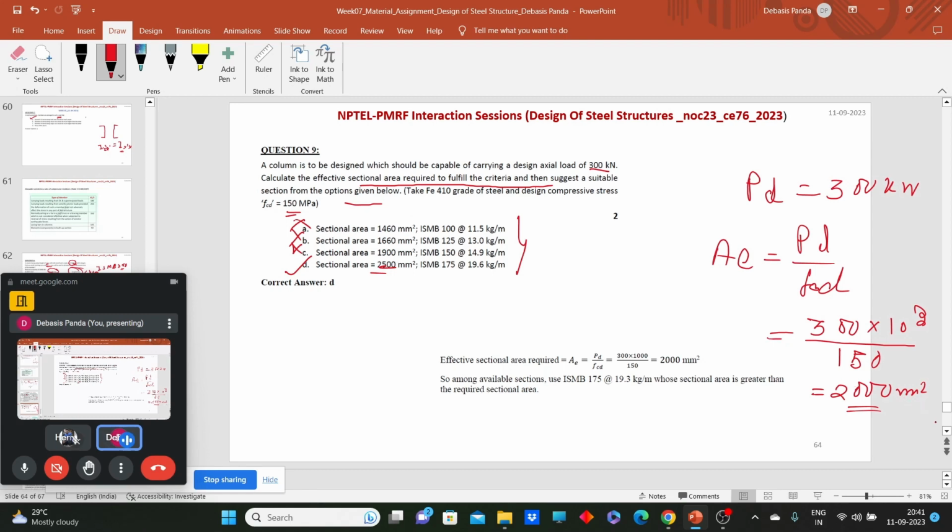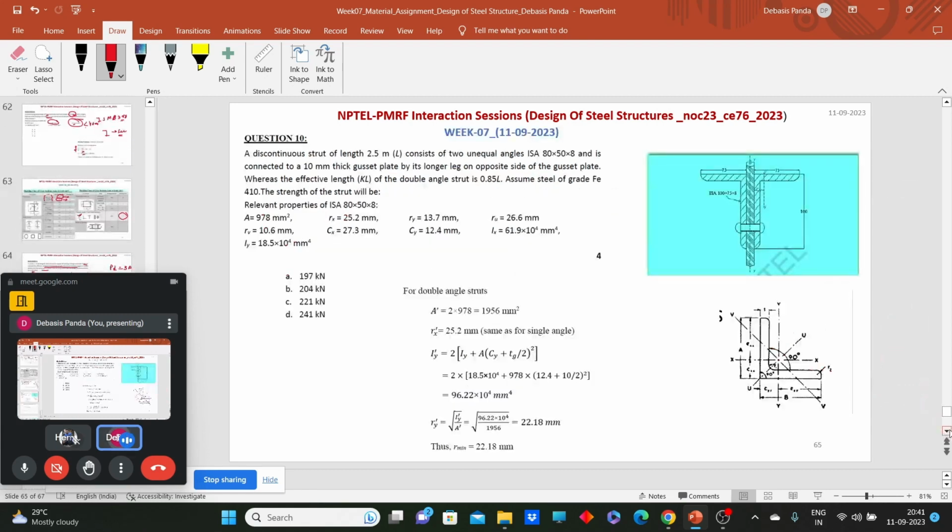Now move to the last question. I think this is possibly the last question. So here it says a discontinuous strut. We have just solved this problem, now we will solve it again. No problem. A discontinuous strut of length 2.5 meter consists of two unequal angle sections. Here we have 80 50 into 8 connected to a 10 mm thick gusset.